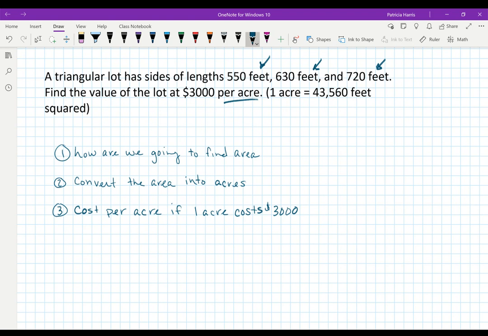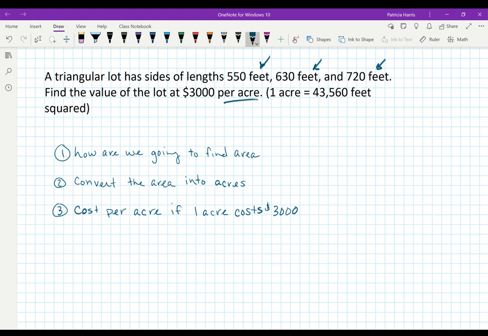So this is a similar process to finding how many cans of paint you need to paint a room or a house. It's kind of a similar problem, just a different kind of scenario.